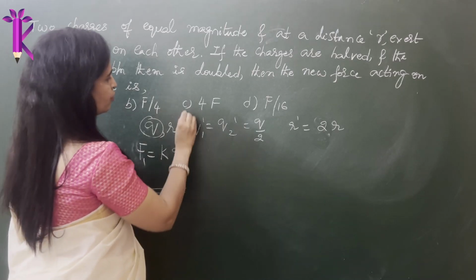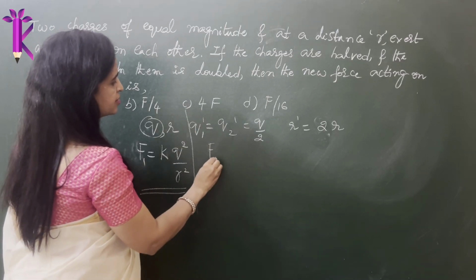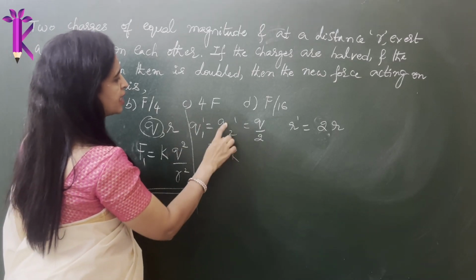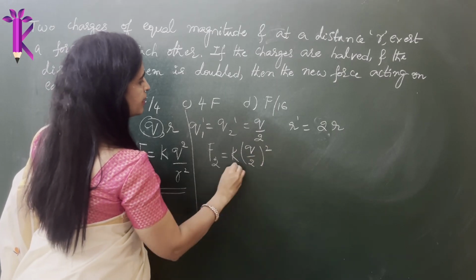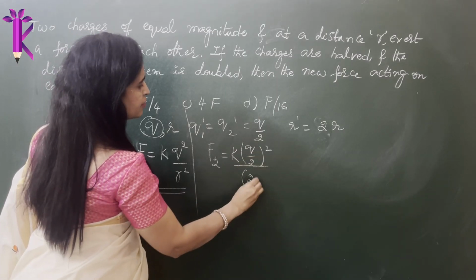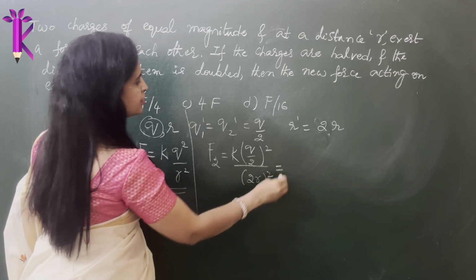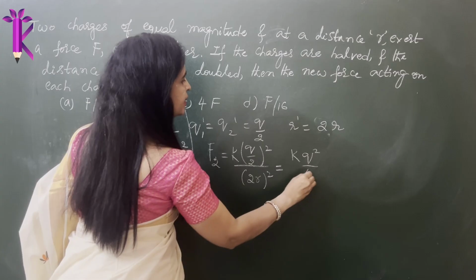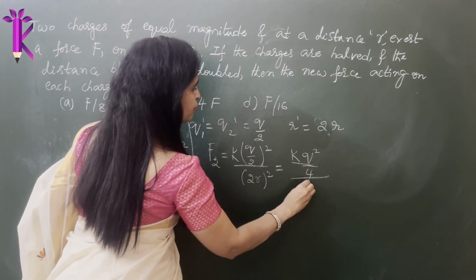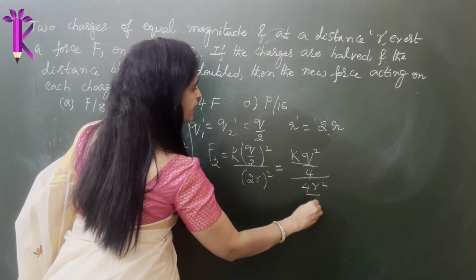What will be the second force when you halve the charges? Q by 2 whole square divided by, distance is doubled, so 2r the whole square.